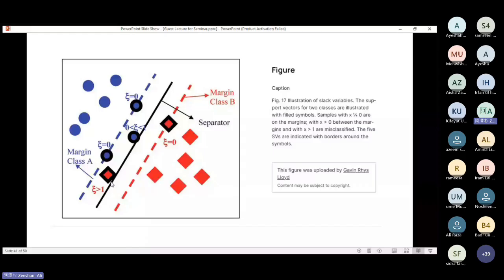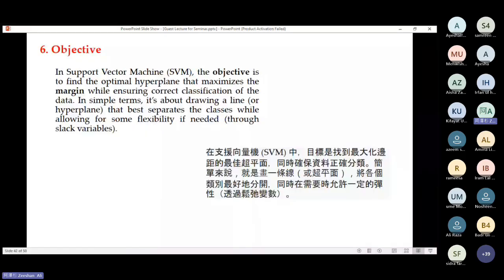Objective. In support vector machine, the objective is to find the optimal hyperplane that maximizes the margin while ensuring correct classification of the data. In simple terms, it's about drawing a line that best separates the classes while allowing for some flexibility if needed.